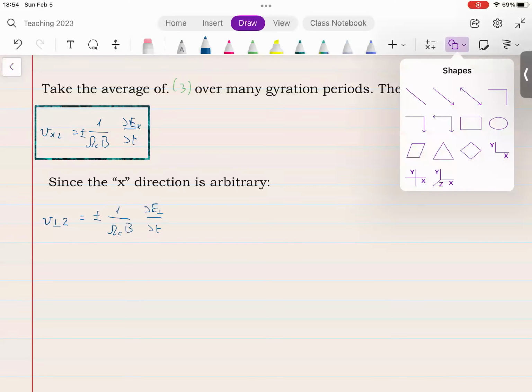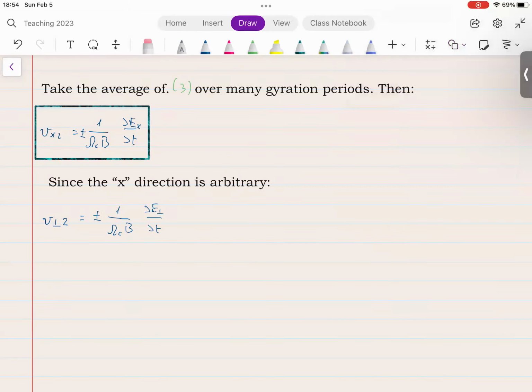or recalling the definition of omega c and recalling that I'm setting omega c to be the absolute value of omega c, therefore using the absolute value of the charge, I can remove that absolute value and take into account the sign of the charge, and that's going to take care of this plus or minus.